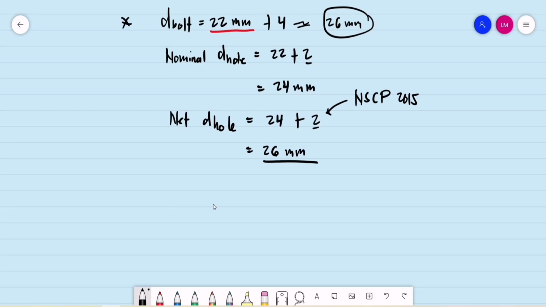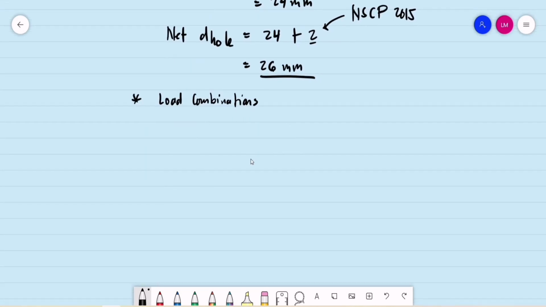And then when it comes to our loadings, or the load combination, we are to consider the two methods according to the problem. The first one is the LRFD. For the load combination, or for the ultimate load, we have two considerations.